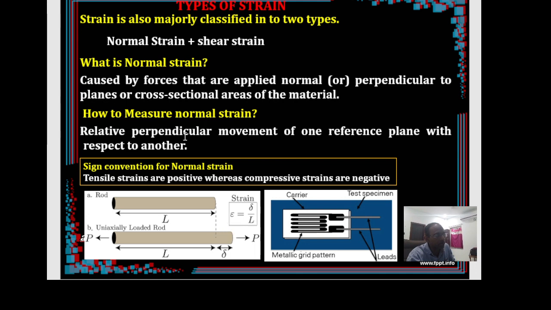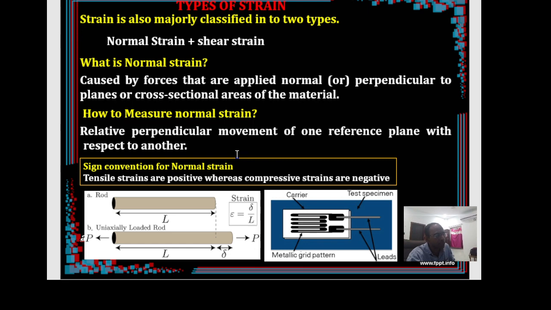Now the relative perpendicular movement of one reference plane with respect to another, from here to here, that deformation is what we are going to measure and divide by the total or original dimension. That is what we call normal strain. That's how we measure it.